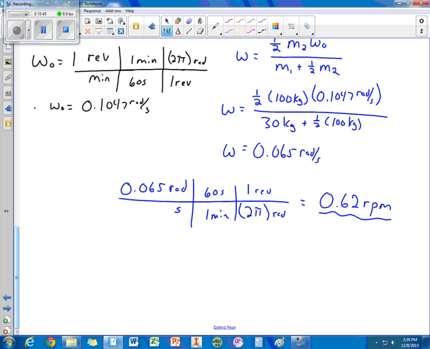So we see that the merry-go-round will go from 1 revolution per minute down to 0.62 revolutions per minute from the act of the child moving from the center out to the rim. All right, well that finishes video 1.